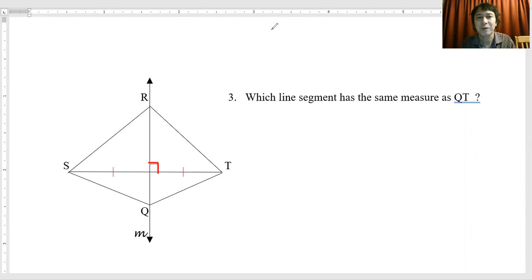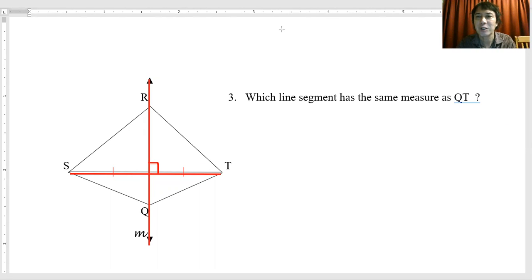So that means this particular line is a perpendicular bisector of the segment ST. And the question here is, which line segment has the same measure as QT? Here's the question.